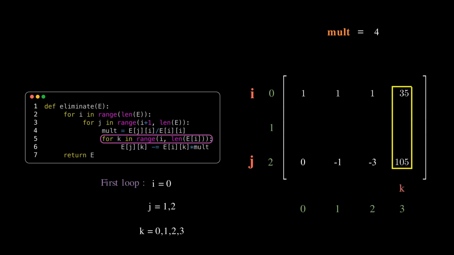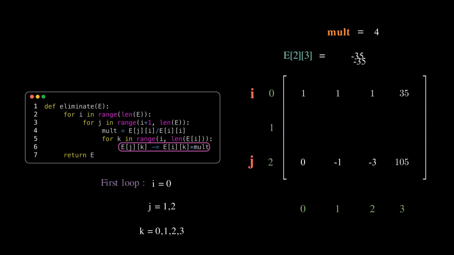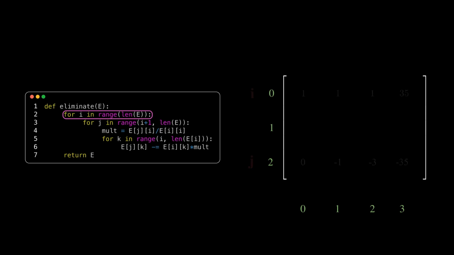At the end, every element of the third row gets updated. With it, the J loop comes to an end. This is our updated matrix after the first iteration of I loop.